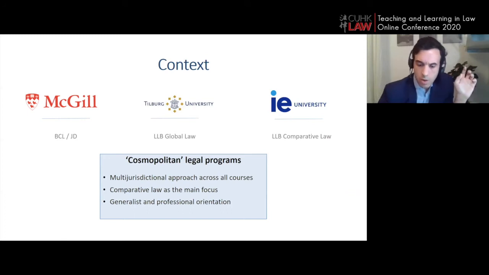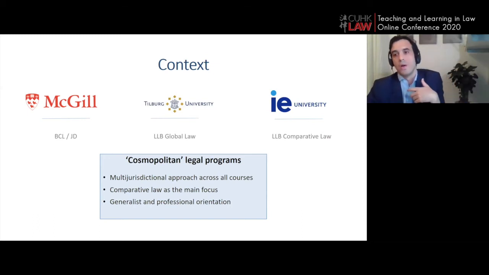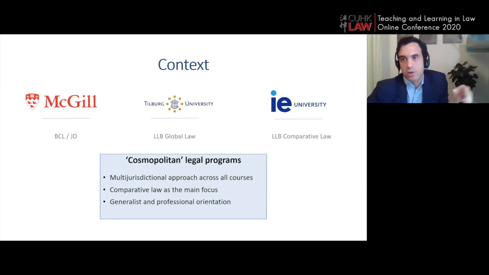So the purpose of these programs is to train students who may subsequently follow all sorts of career paths, including, of course, the practice of law. So these are not academic programs, these are generalist or professional programs. So these are the main features, the defining features of the cosmopolitan legal programs to which I'm going to be referring in my presentation.